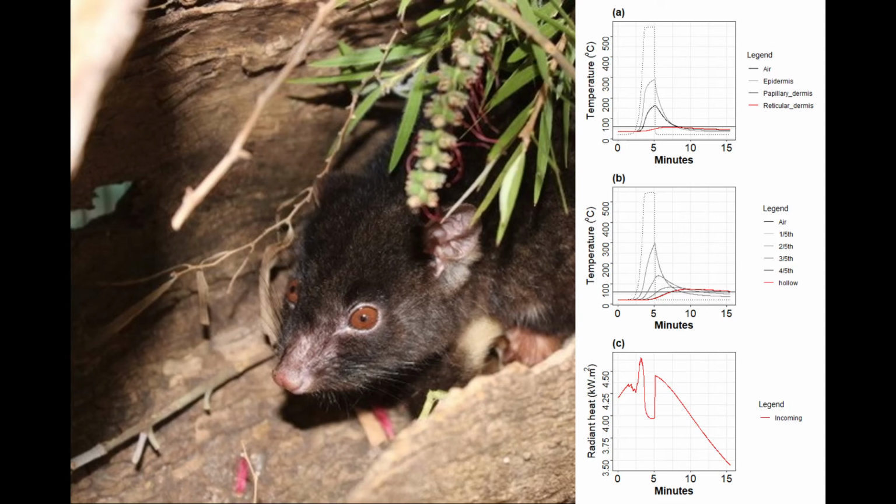The papillary dermis, which is the dark line, goes well above the burning temperature. So we've got second degree burns, partial thickness burns, which will kill the possums that are exposed at this particular height where we're looking.